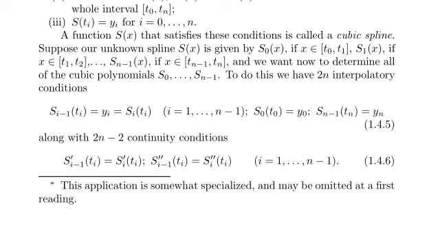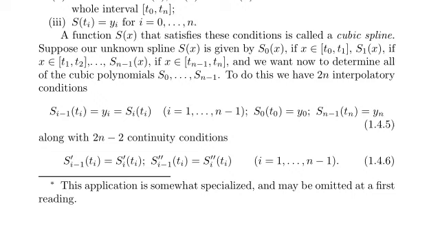Along with the 2n minus 2 continuity conditions. So their derivatives have to be equal at the joins, and so do their second derivatives. So that when we join them all together, S has a derivative and second derivative at the joins.